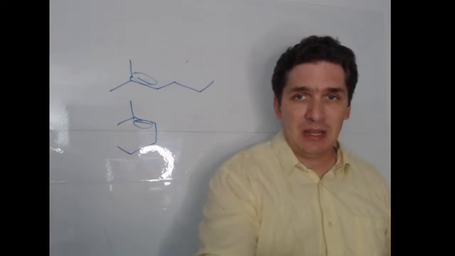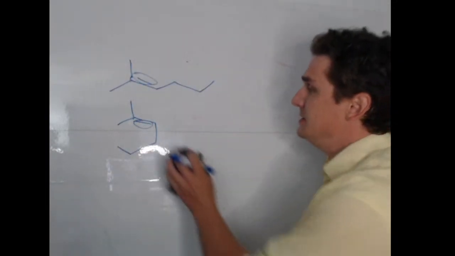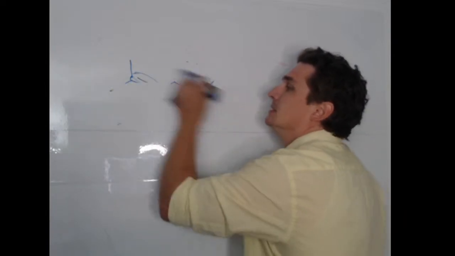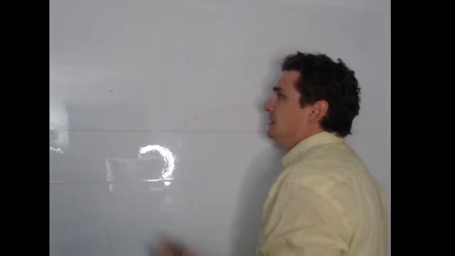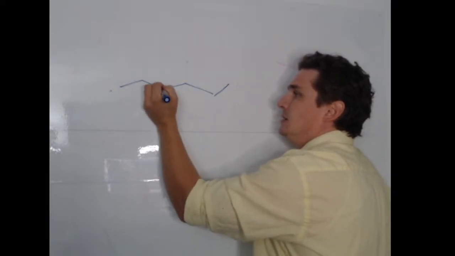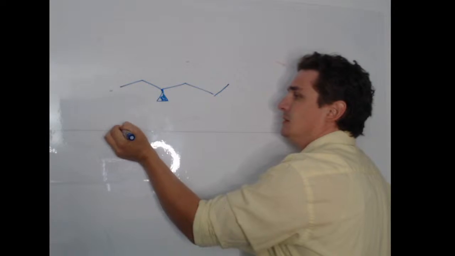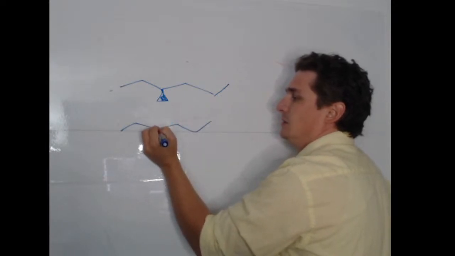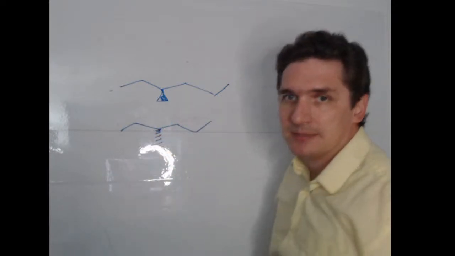Now, for optical isomerism, usually what we're talking about here is chirality. So to meet the condition of chirality, we have to have a carbon with 4 unique groups around it.